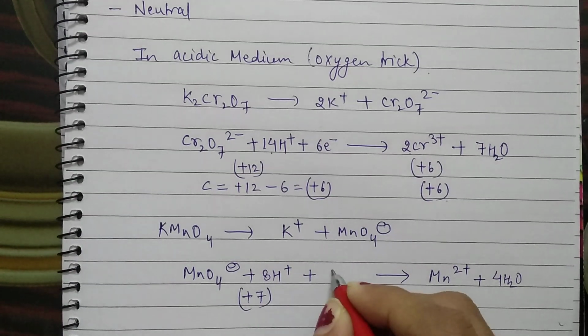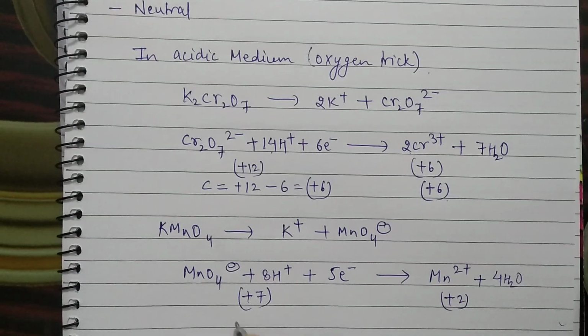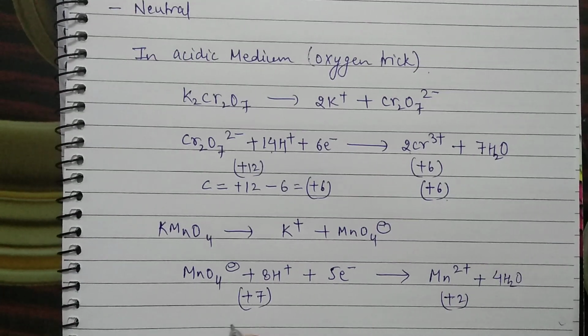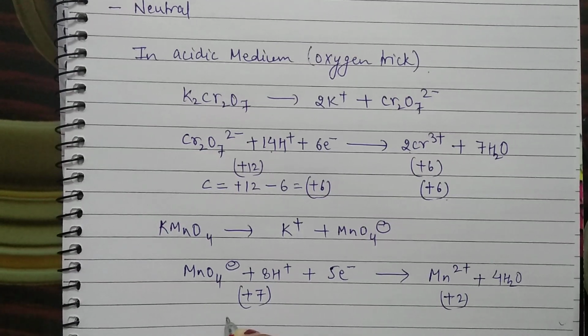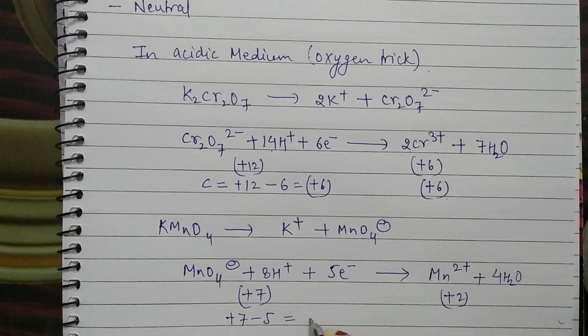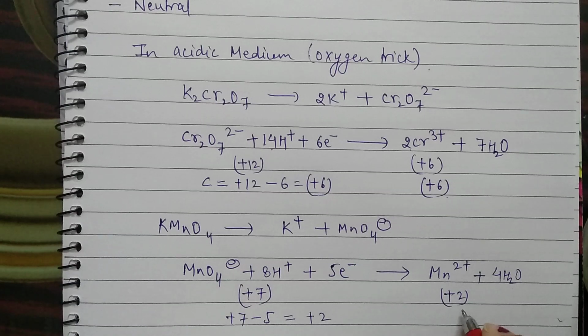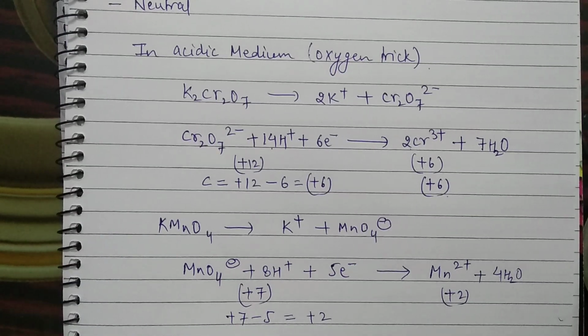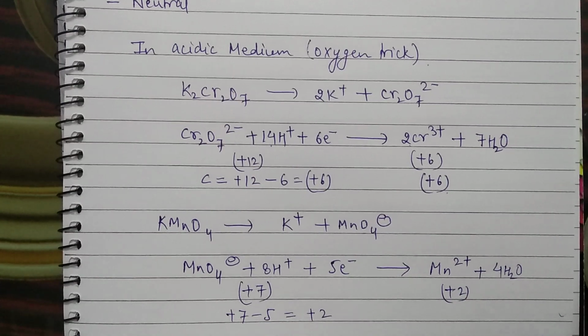So we'll add 5 electrons on the reactant side, such that the total charge on both sides becomes equal. So the charge on the reactant side becomes +7 minus 5, which is equivalent to +2, equivalent to the charge on the product side. So that's how we balance the reaction in the acidic medium.